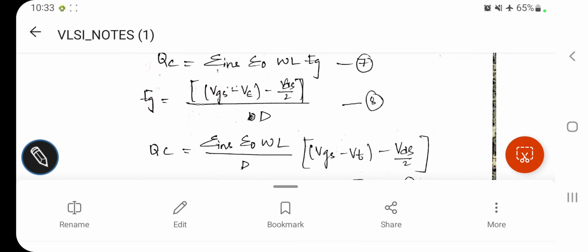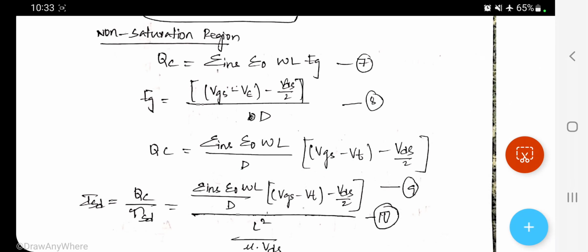Right. So here we have, now this D comes into the denominator, this L is in the numerator, so one L and L square, one L will get cancelled. This mu VDS goes into the numerator. We have VGS minus VT minus VDS by 2. Epsilon ins epsilon naught W come in the numerator itself.